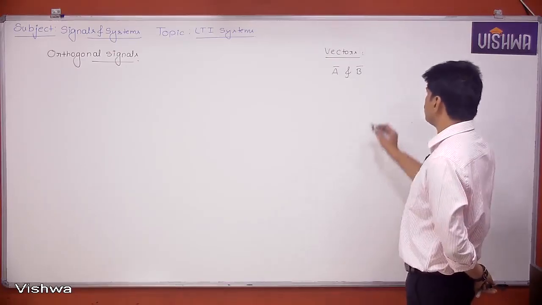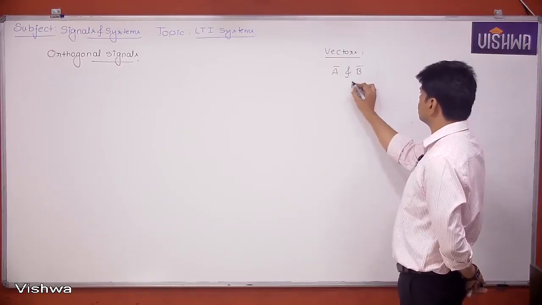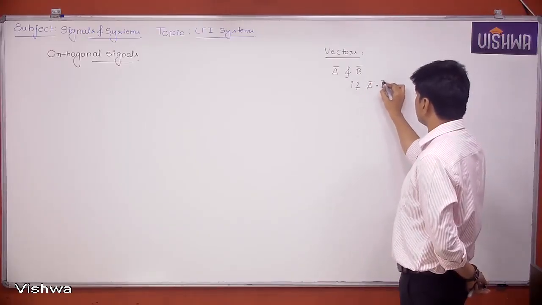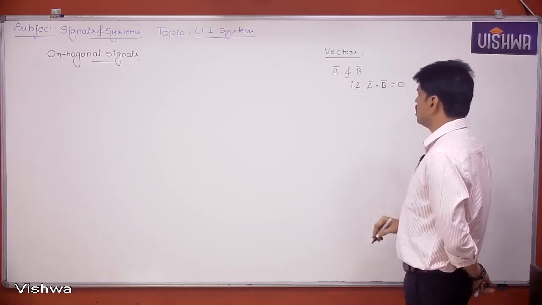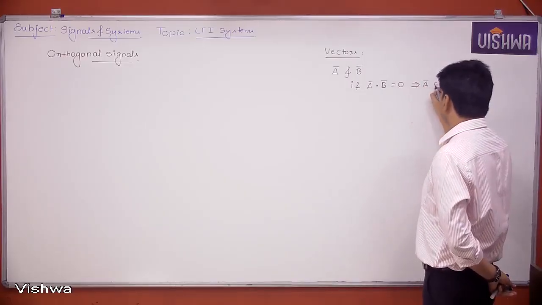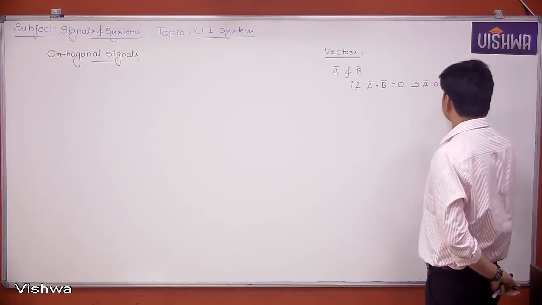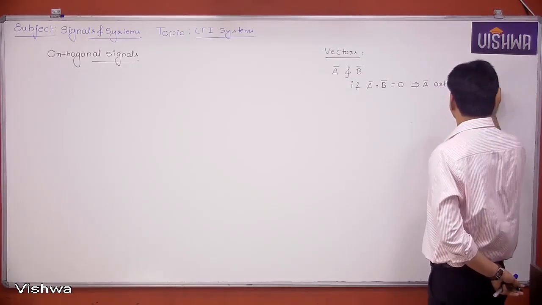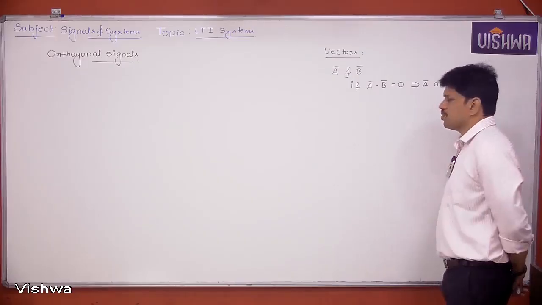Then we can simply go with: if A bar dot B bar, the dot product of two vectors, is 0, then we can say A bar is orthogonal to B bar.